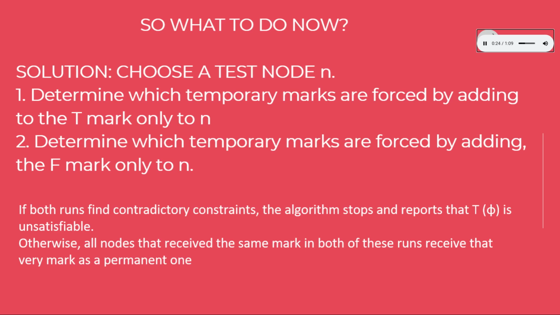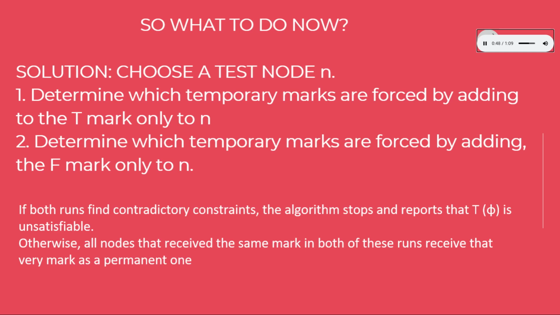Step 1 is to determine which temporary marks are forced by adding the true mark only to node n, and step 2 is to determine which temporary marks are forced by adding the false mark only to the node n.